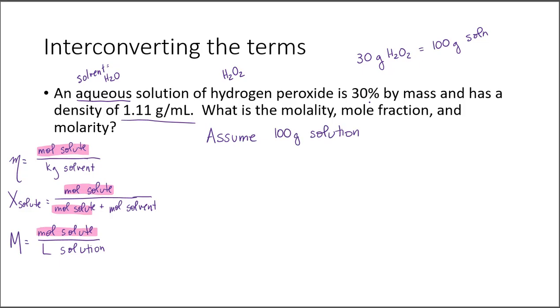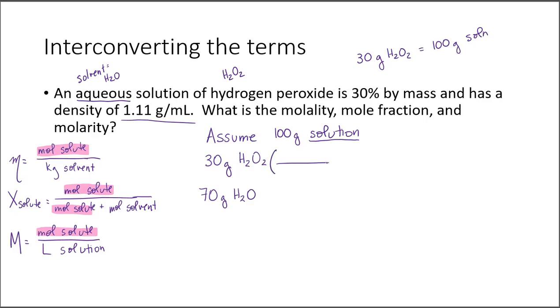Now, again, be careful. I'm not saying we have 100 grams of water. I'm saying that we have 100 grams of the entire solution. If we assume that we have 100 grams of the entire solution, that means that we have 30 grams of hydrogen peroxide and we have 70 grams of water. Because when you add them together, you get the total.